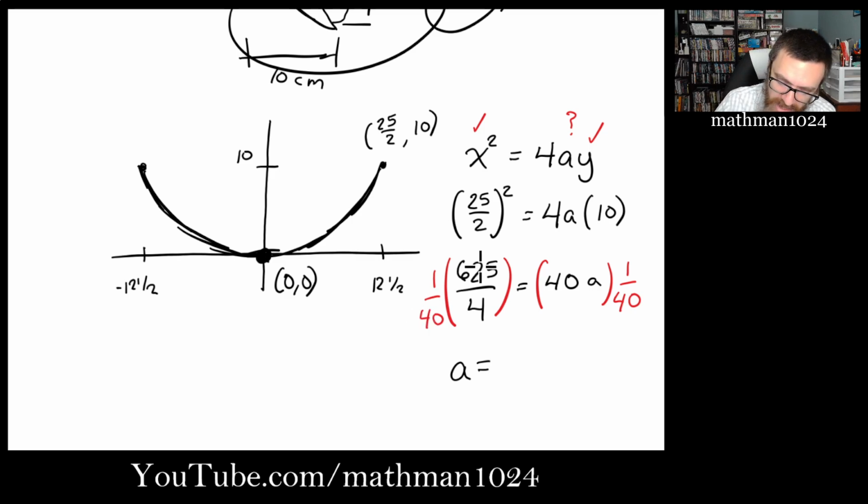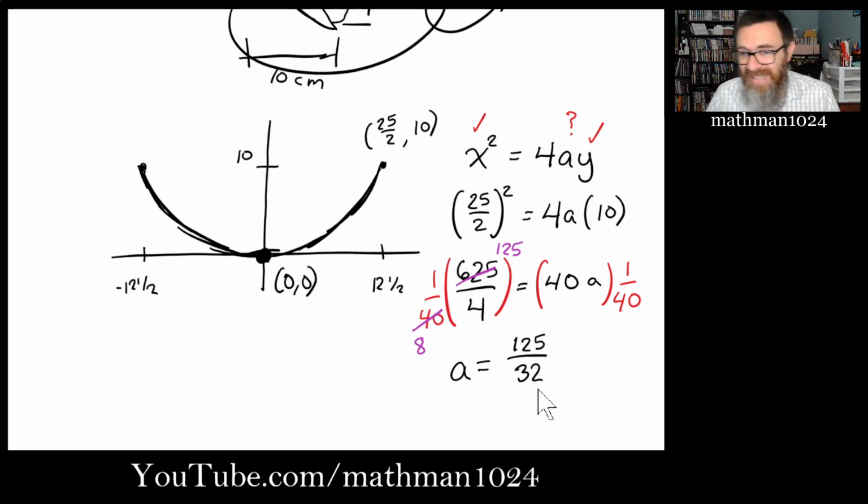Now let's try to simplify this. So 40 and 625 can reduce by a factor of 5. 5 goes into 40 8 times, and 5 goes into 625 125 times. So when I finish this, I have 125 over 32. That is my a value.